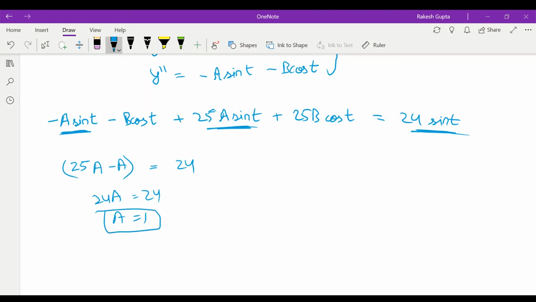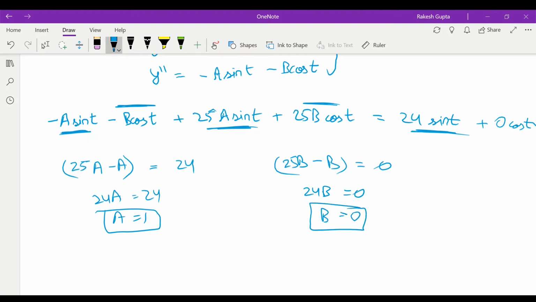And comparing the cos terms on the left hand side and right hand side, this is one of the cos terms, this is one, and on the right hand side there is no cos term, so I'm just going to write it as 0 cos term. So there is 25b minus b is equal to 0. 24b is equal to 0, which gives us b is equal to 0.